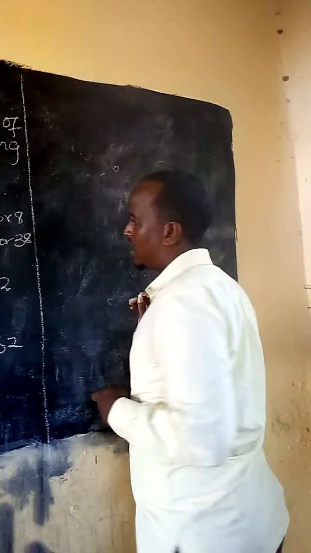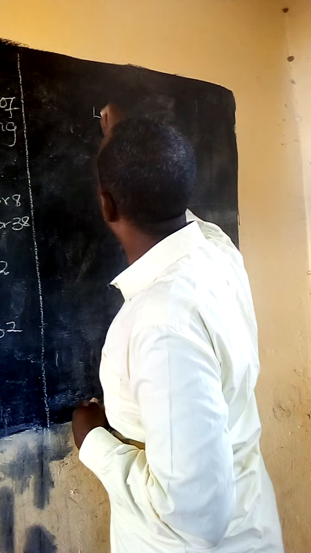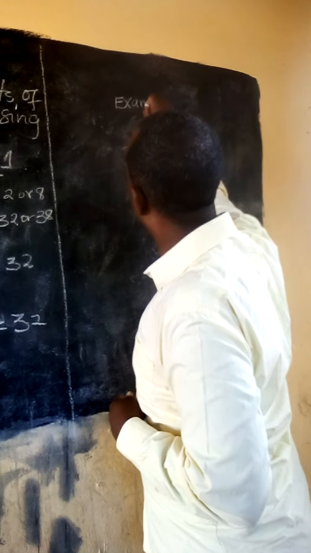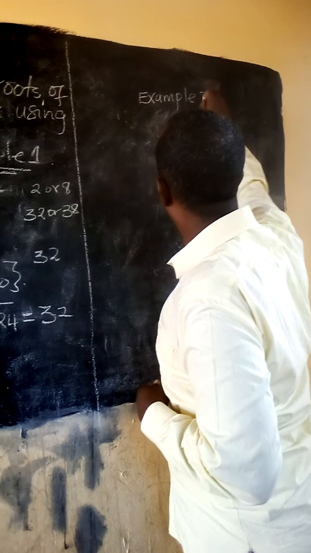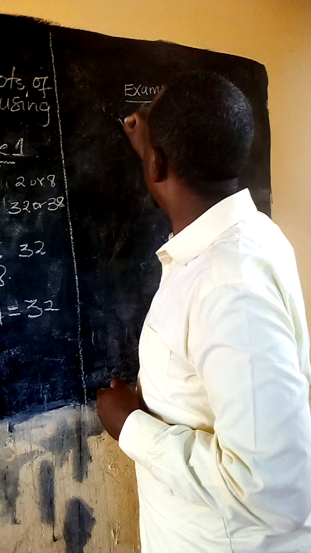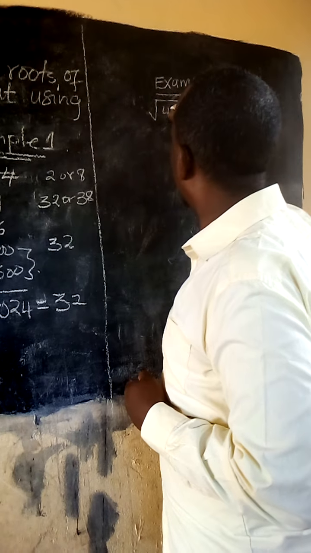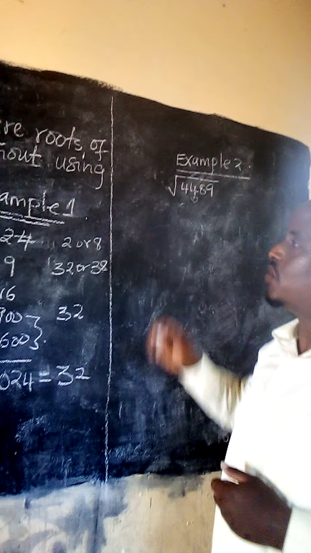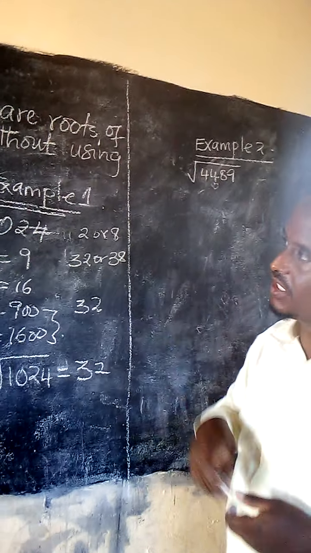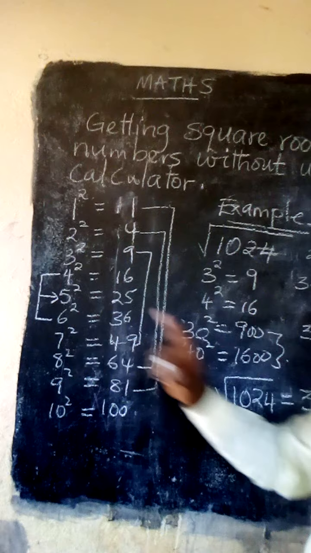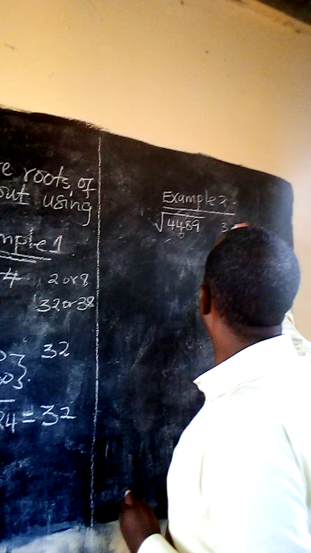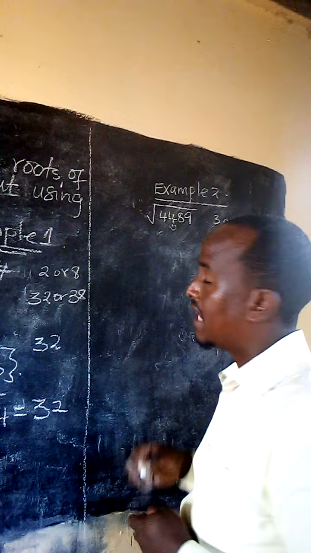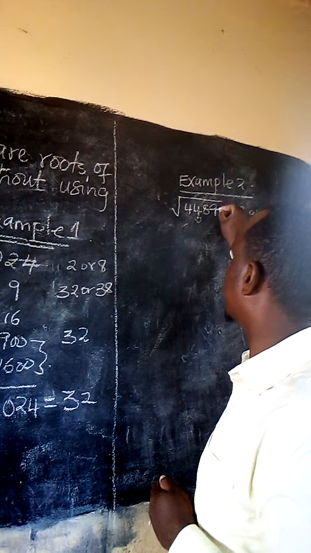We go for example number 2. The square root of 4489. So we can see the last digit is either 3 or 7. How can we get the first digit?